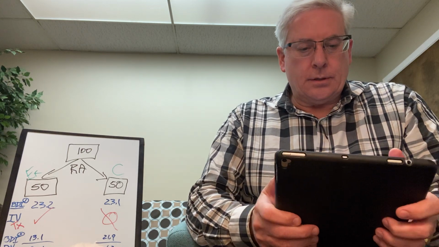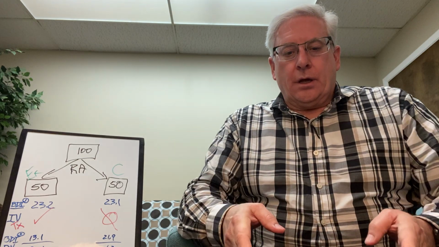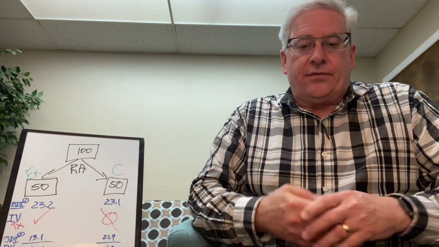Just to review, we have discussed the 4 different types of research. We discussed what variables are and different aspects of variables. And then we discussed methodology, most specifically independent variable, dependent variable, experimental group, and control group.